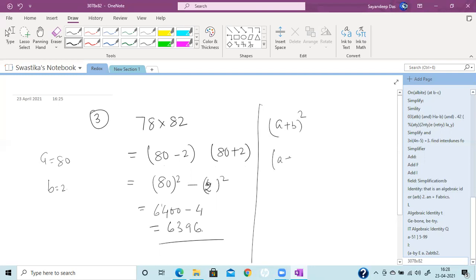Second one is (a minus b) whole square equal to how much? Third one is a square minus b square equal to how much? Or (a plus b) into (a minus b) equal to how much? If you remember all these three identities, you can solve any kind of problems related to these identities.